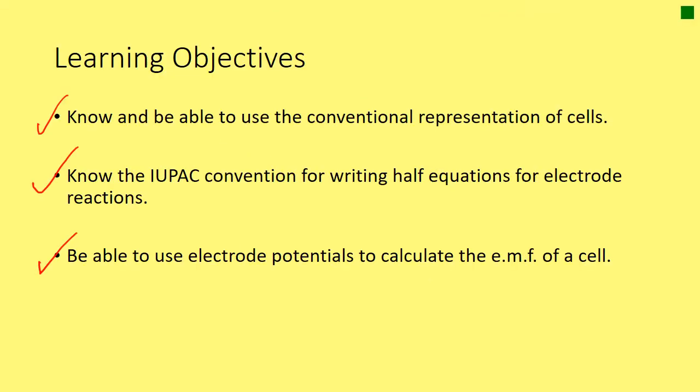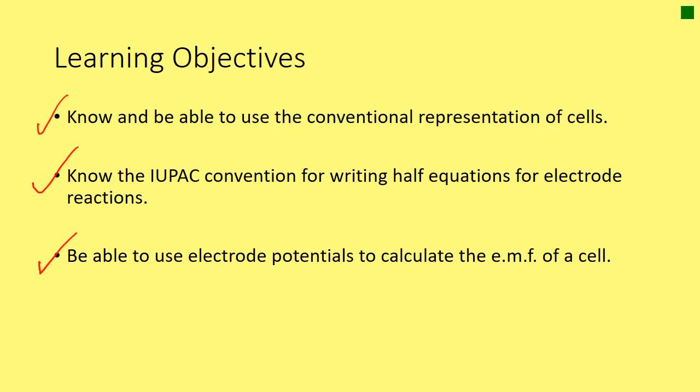As usual, let's finish off by checking that we've covered our lesson objectives. At the start, we wanted to be able to know and use the conventional representation of cells. That's been done.